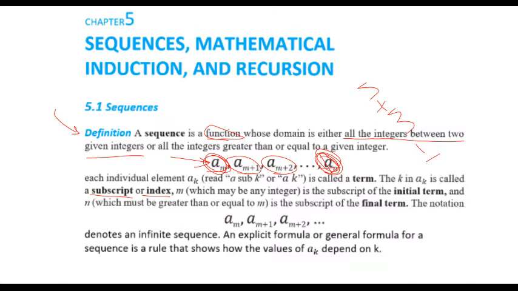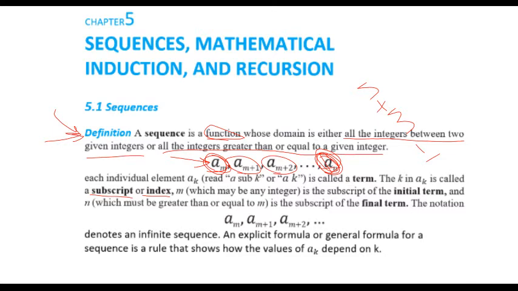As you remember in the definition of sequence, we said there are two cases. In the first case, the domain of the sequence is finite, between two integers, and in the second case, we said all the integers greater than or equal to a given integer. So in the second case, the domain of a sequence is not finite, it is an infinite set.